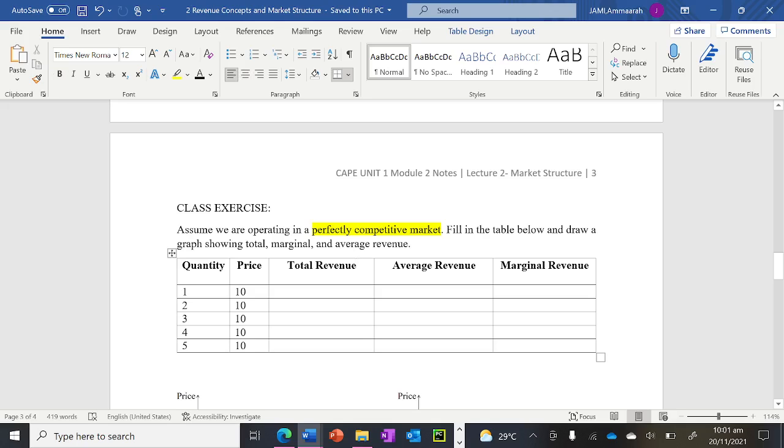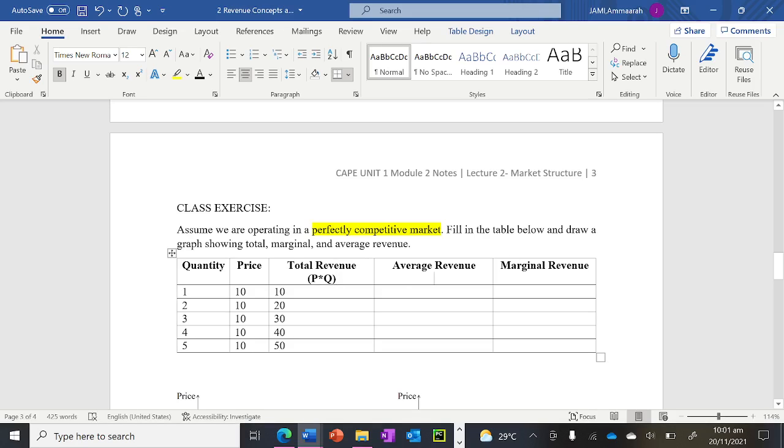Yeah. And then 30, 40, 50. Good. Let me just put it up here. Total revenue is price times quantity.